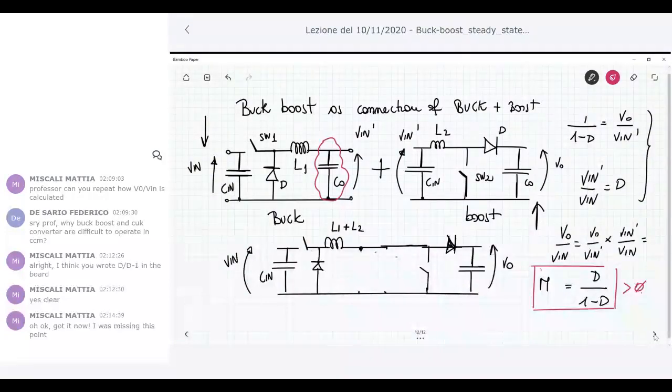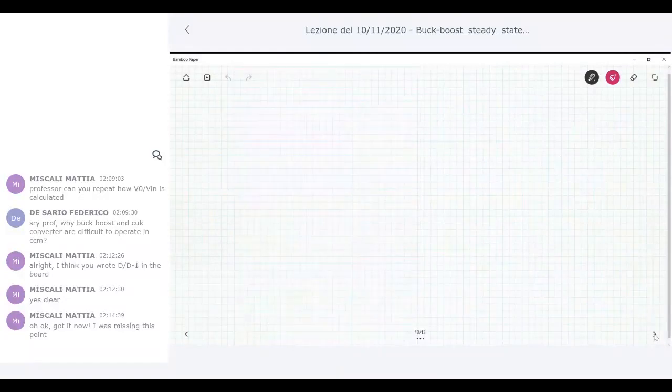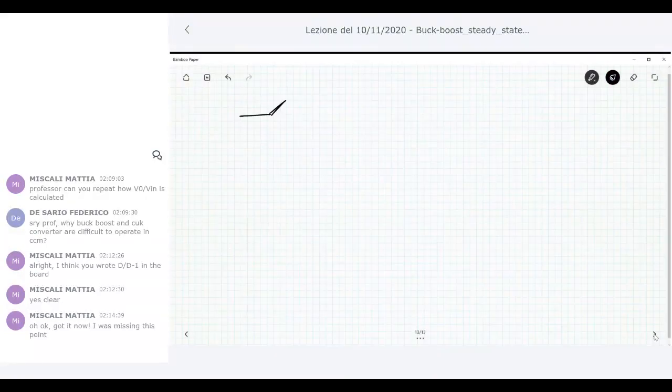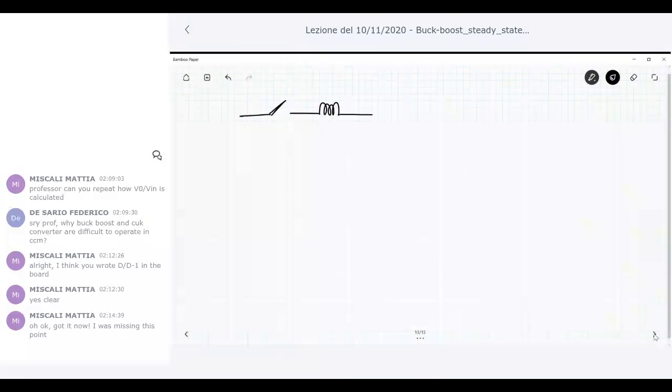Let me redraw these circuits by employing a, let's say, synchronous version of this one. So let me redraw this non-inverting buck boost, replacing the diode with two switches, okay, in the classical derivation of synchronous converter. So I have this switch here.